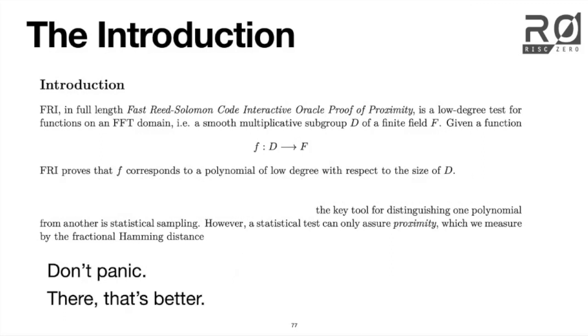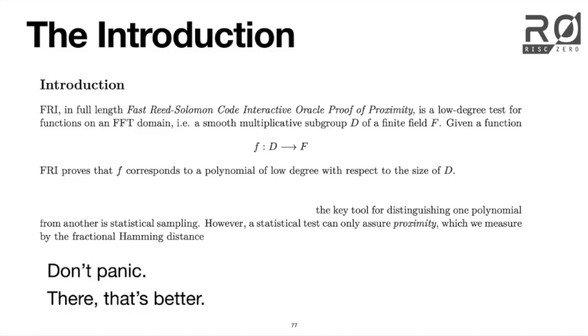I'll take away some of the complicated stuff. And this gets back to Ash's question of why is closeness good enough? What we're doing here is a statistical test, meaning we're choosing some random points and saying, did it pass there? By the nature of this sort of test, unless we test everywhere, all we can really get out of this is proximity.